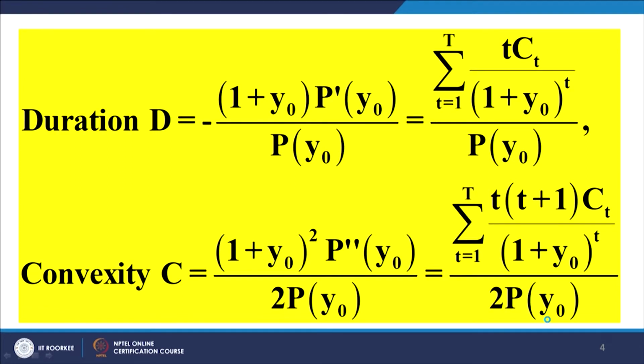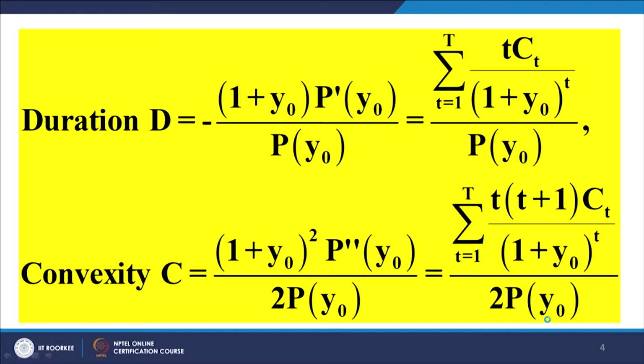Now, we define two quantities which are shown on your slide. We define the duration D as minus 1 plus Y0 into P dash Y0 upon P Y0, and we define convexity as 1 plus Y0 square P double dash Y0 upon 2 P Y0.